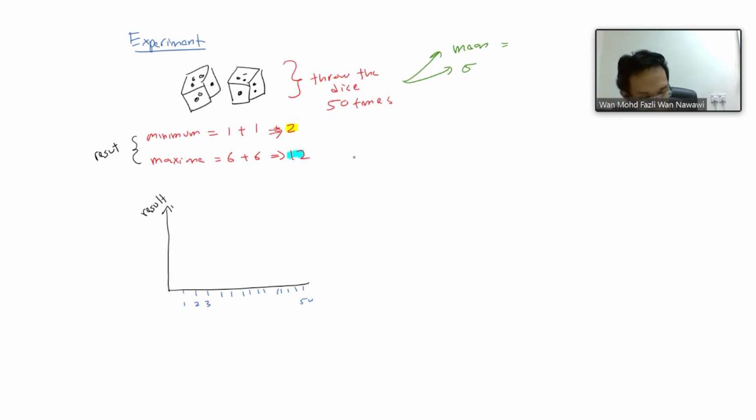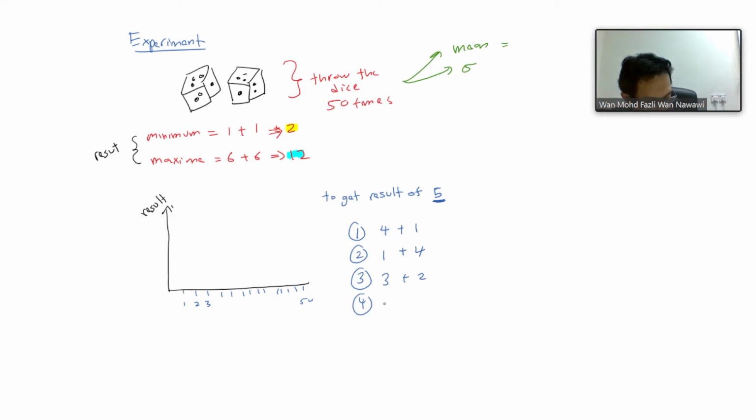But to get a result of 5, meaning the value 5, you can have a few combinations. The first combination is 4 plus 1. The second combination is that the other dice is 1 plus 4. The third combination you can get is 3 plus 2.